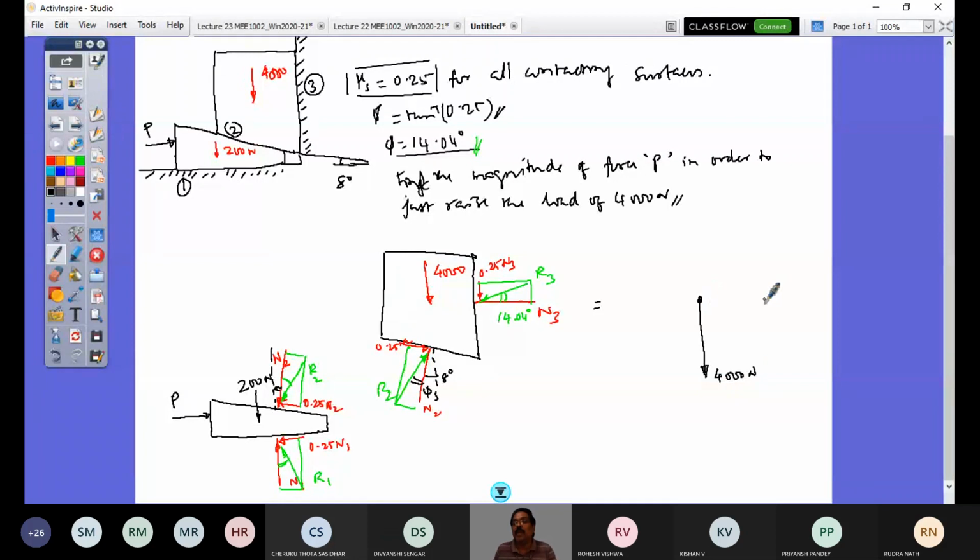So from here, this is my R3, and this angle to horizontal is 14.04. Now R2 to the vertical is 8 plus 14.04 to the vertical. So let me have this. It's a vertical line, and it is now the tail. I am going to bring it here.